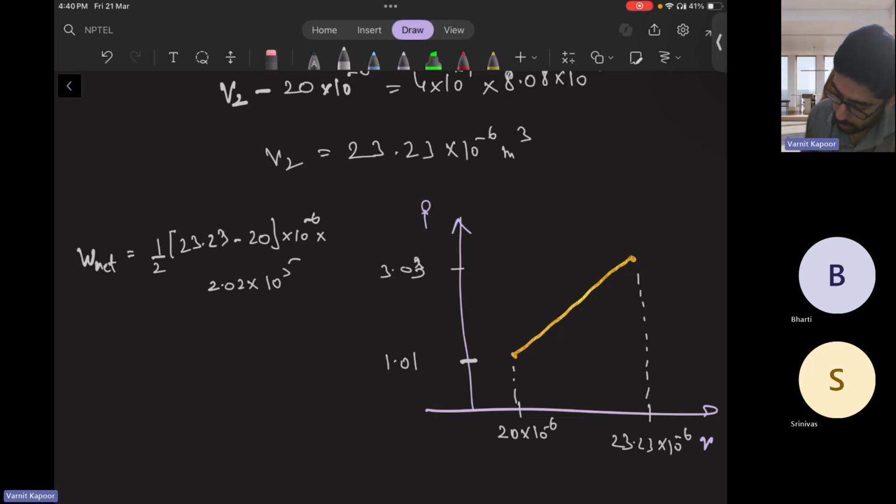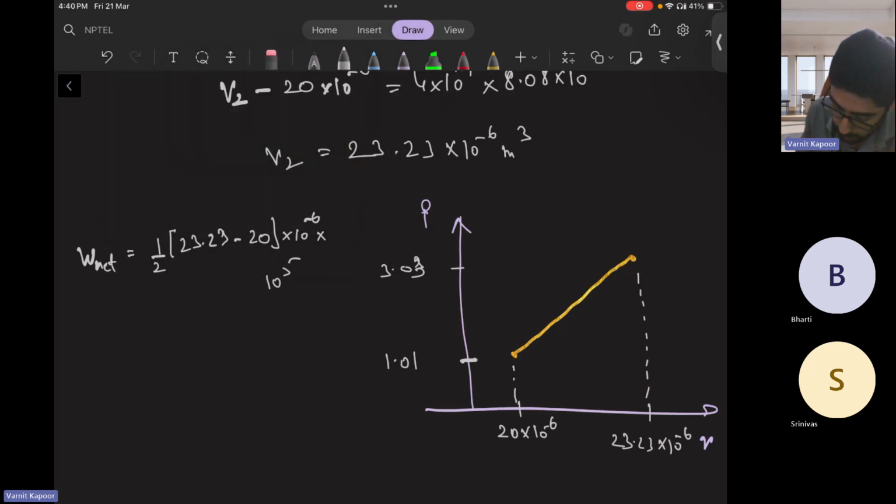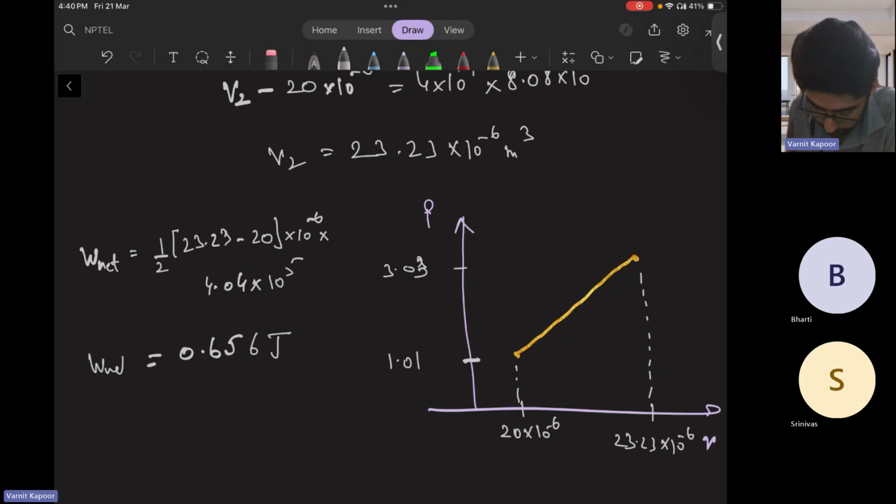Am I right? Just a second. So these are the parallel sides. Okay. So it is 1.01 plus 3.03, 4.04 into 10 to the power of 5. I wrote it wrong earlier. Okay, cool. So this comes out to be 0.656 joules of work. But the question has asked how much heat we need to supply.